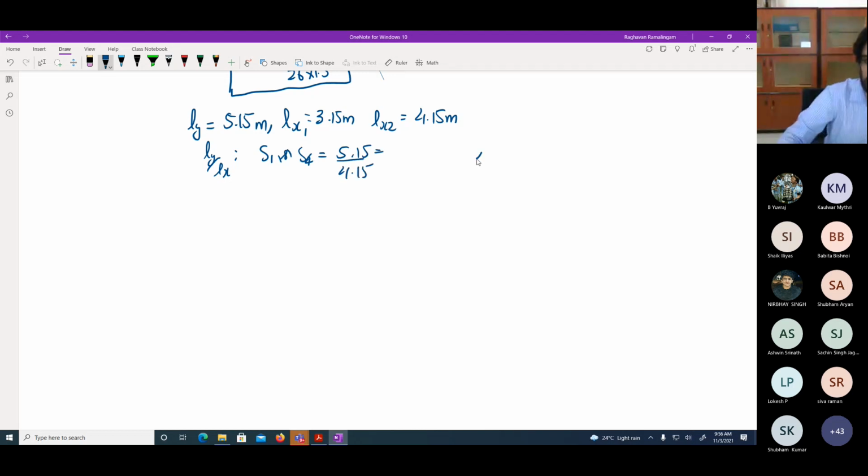So Ly by Lx for S1 and S4 is 5.15 by 4.15. How much is this? And for S2 and S3, it's 5.15 by 3.15.